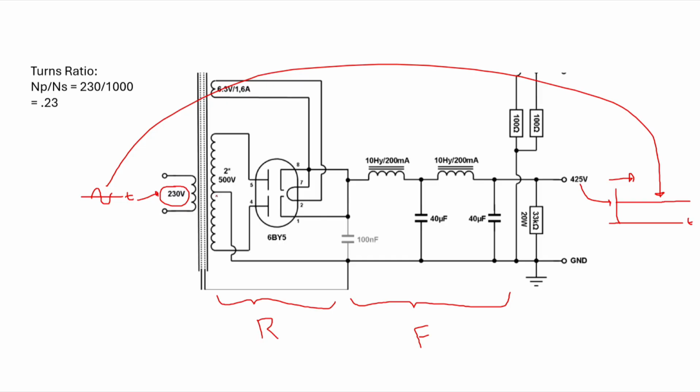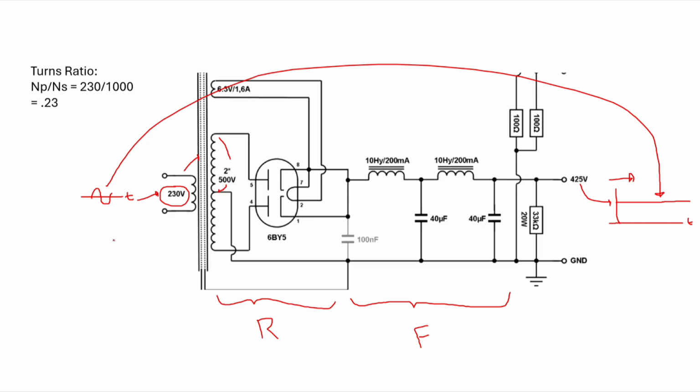So this designer has chosen a power transformer right here. You can see it's properly indicated as a step-up transformer. There are more windings right here. And this says 2 times 500 right here. What that means is, given 230 volts RMS, between here and the center tap.